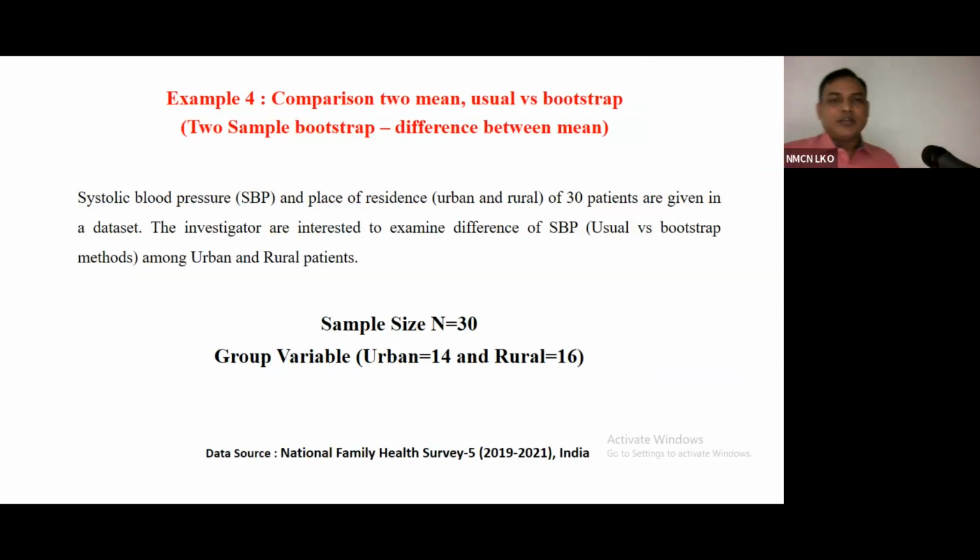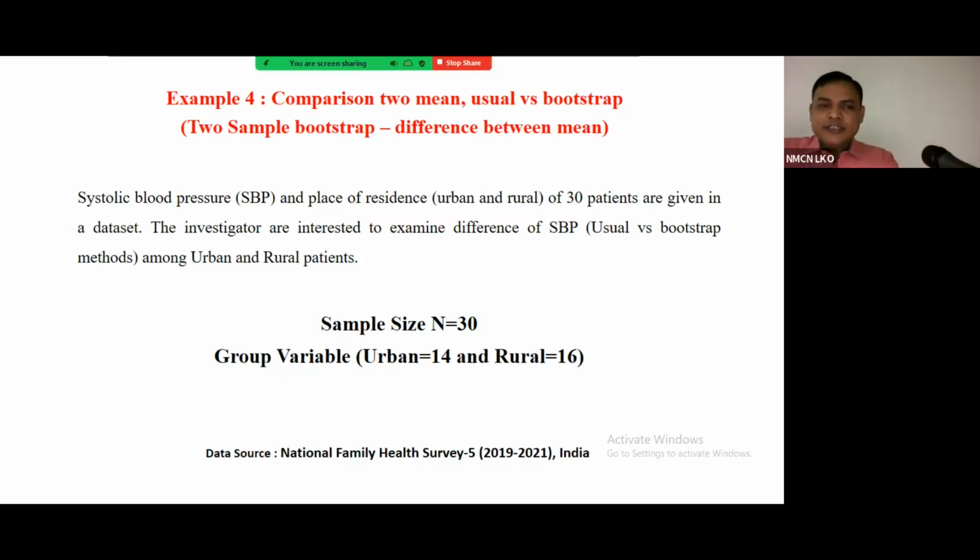Now, we have taken another example. Here we have compared two population means. For this, we have taken data of the systolic blood pressure and the place of residence of 30 patients.